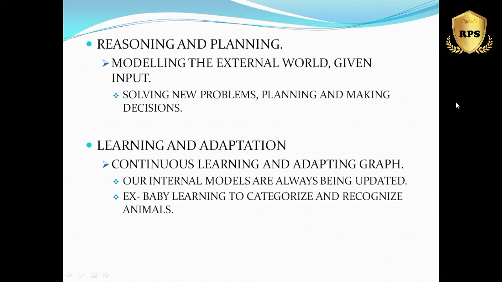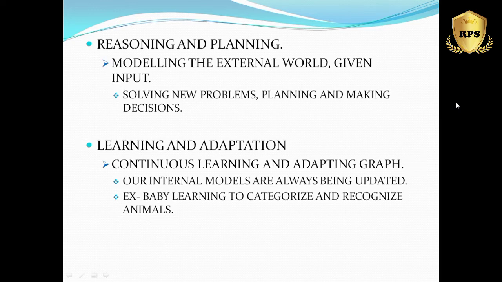Like we are giving some input and it can model according to the external world, like solving new problems, planning and making decisions. We must give some new problems which were not given to the machine before, but it can easily solve that problem. Then the machine can plan it and also make decisions or predictions. Then it is said that the machine has this feature.